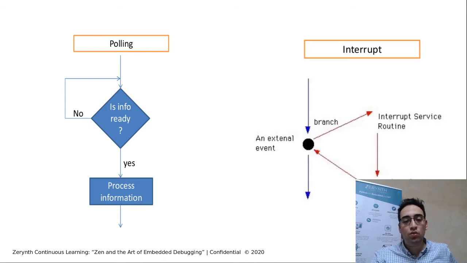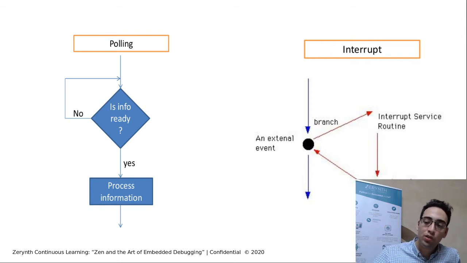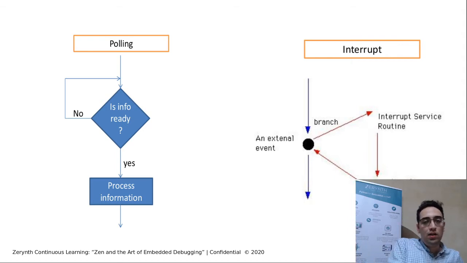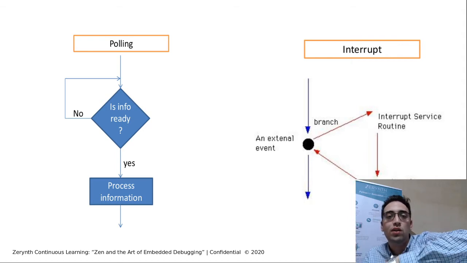Or you can use interrupts. So interrupts is basically telling the microcontroller, this sensor is very important. Whenever this value changes, tell me. And then the microcontroller could go on and execute other stuff. And if this very important sensor value changes, I'm going to stop whatever I'm doing, go execute this important code, and then go back.